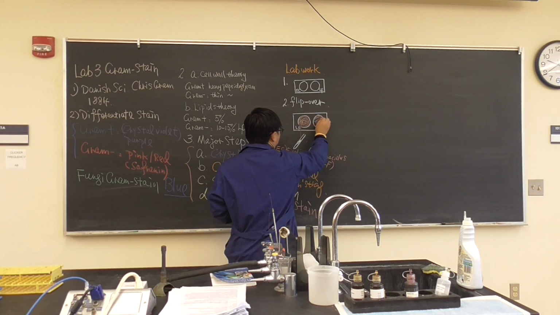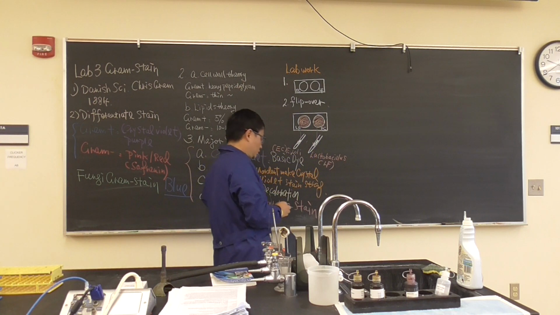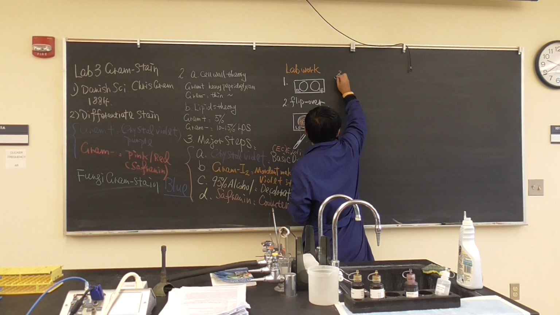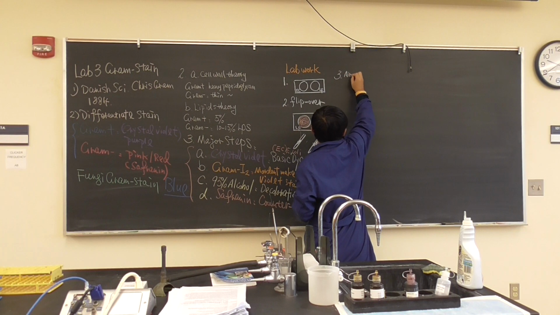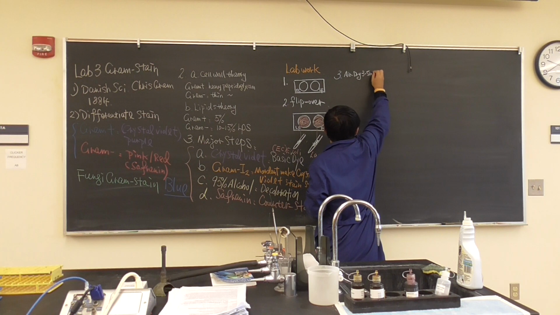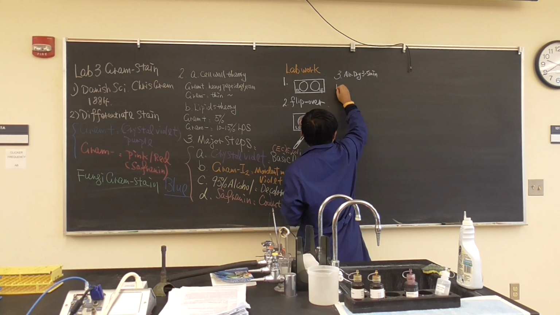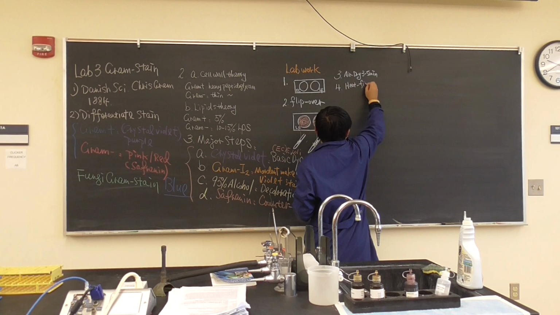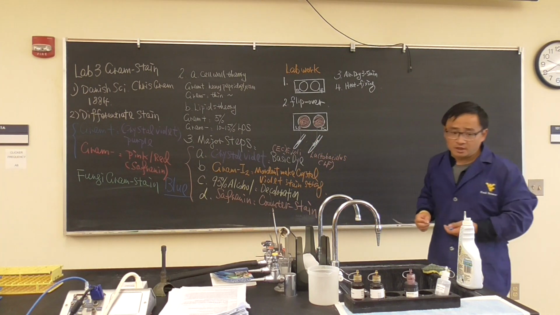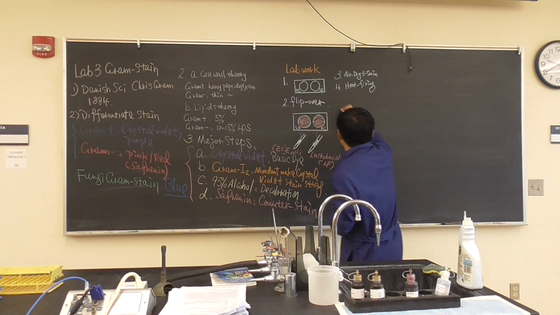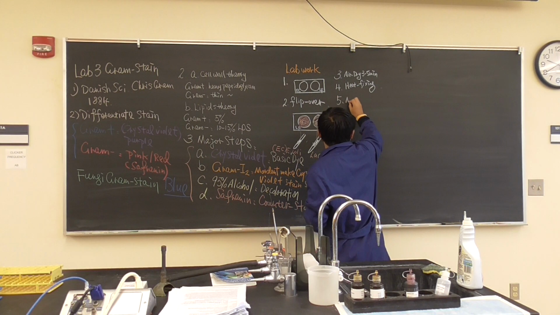Okay, so that's called the smear preparation. Once you make a smear, you don't forget what we did before: air dry 3 to 5 minutes, and then followed by heat fixing, back and forth over the Bunsen burner, to inactivate enzymes and let the bacteria stick on the glass slides. Okay, then we move on to the major steps.